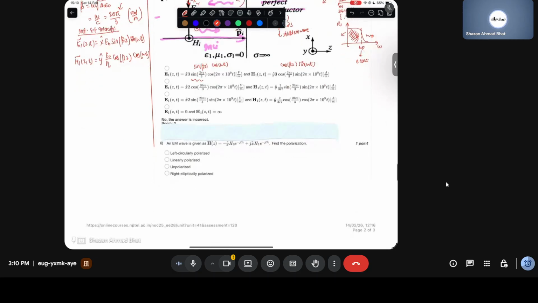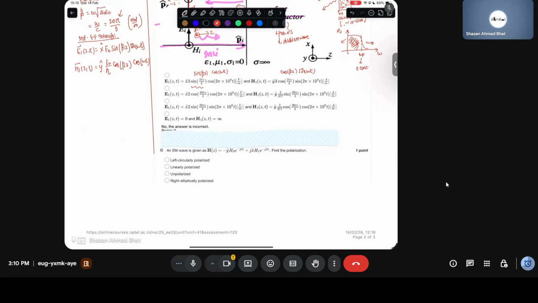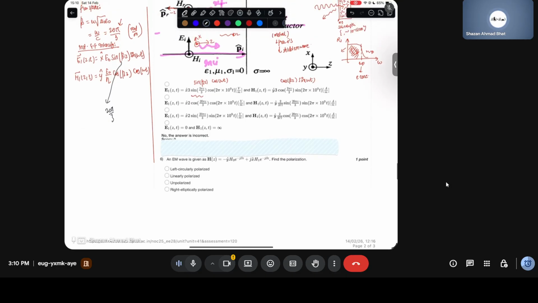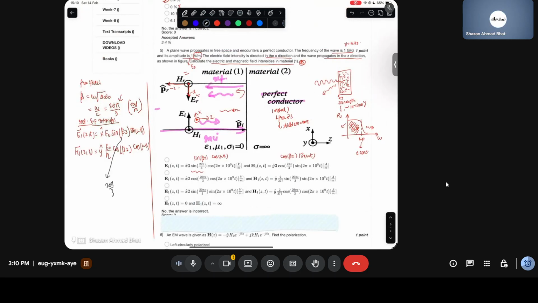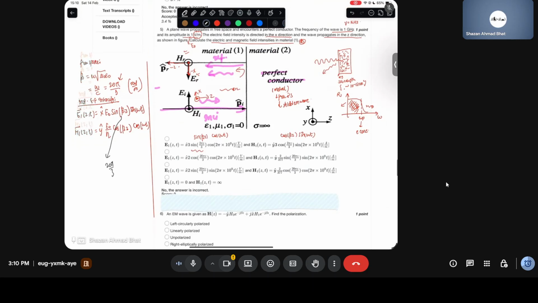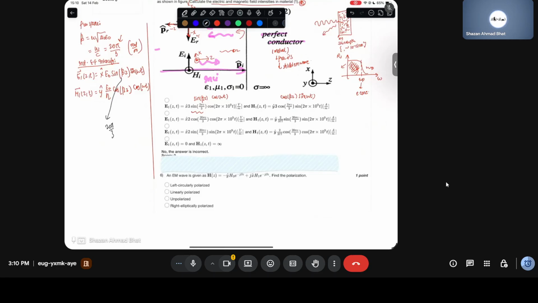Is the frequency given? You have obtained the beta. Now you can write it using the beta value, which is 20 pi by 3. I guess we missed something. Yes, there's a factor of 2 here, and everything is given.